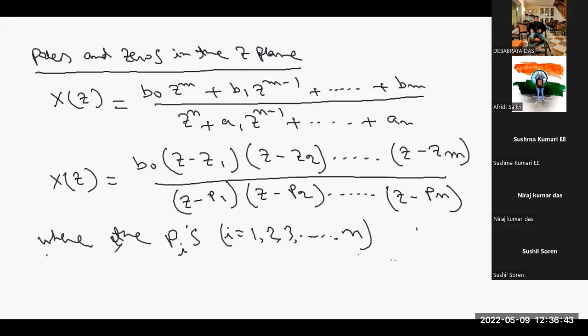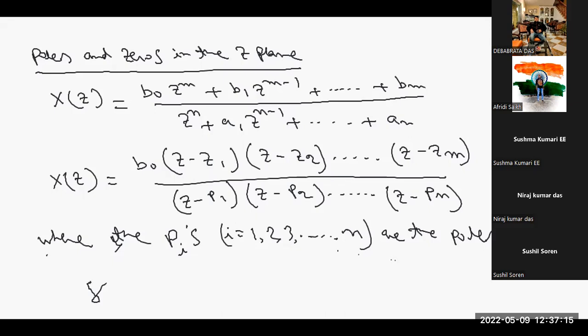So this i is 0, 1, 2, 3 dot dot n. These are the poles of the function X(z), p1, p2 dot dot dot pn. Another one is z1, z2, zm.